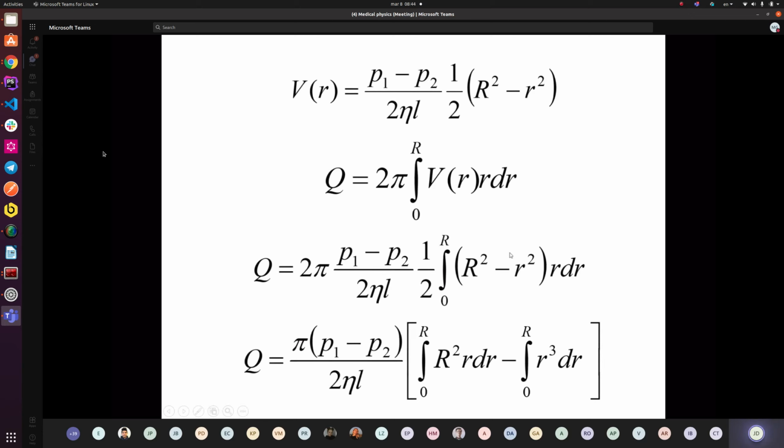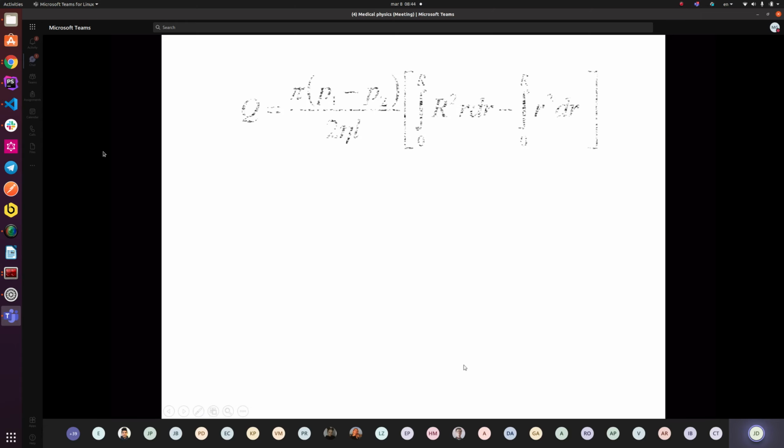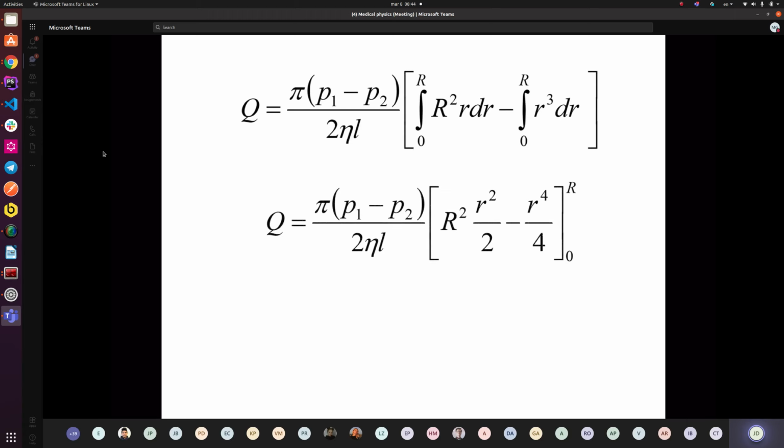This is a step of integration. We can separate the integral into two parts, integral of this one and integral of this one. This is r cubed, this is R squared r. So step by step we are going.